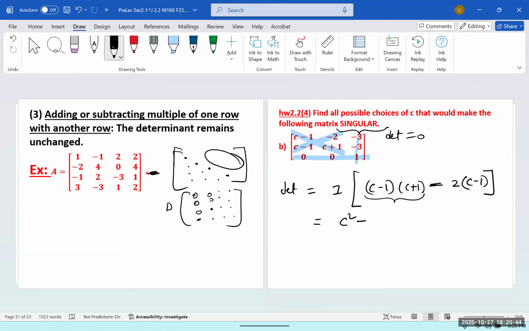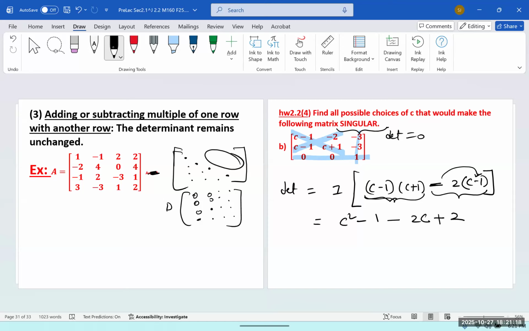Really? These are two conjugates, C plus 1, C minus 1. Oh, you mean the entire thing, the final result. So this one is C squared minus 1. And from here you get minus 2C plus 2, right? If I'm not wrong. Yes, but in parentheses, that way it becomes negative 2, and it's negative 2C also.